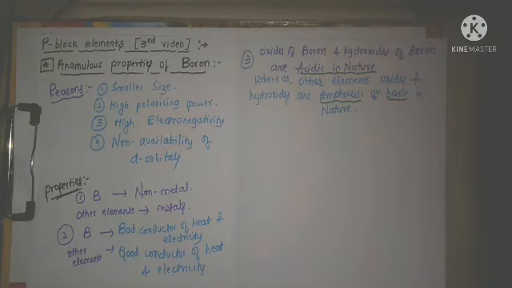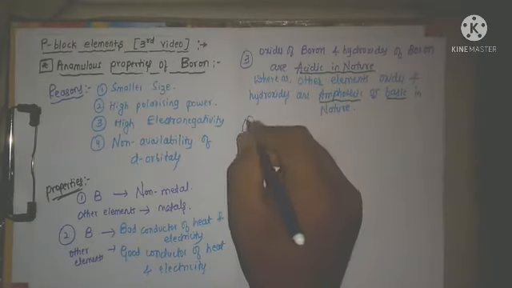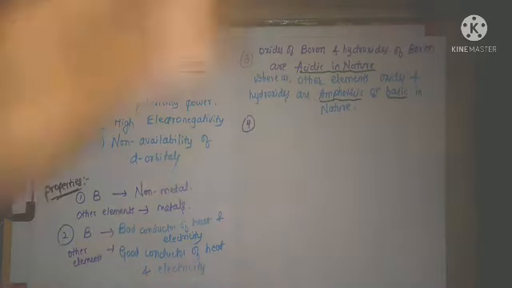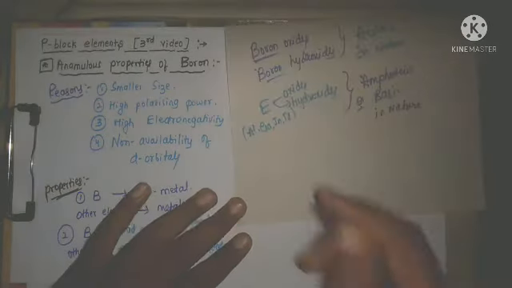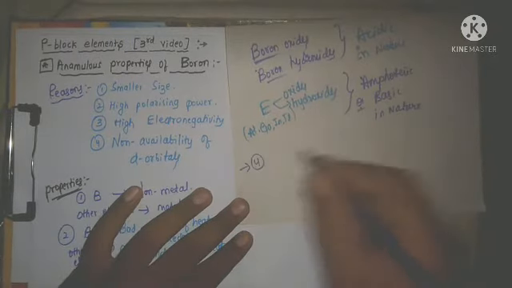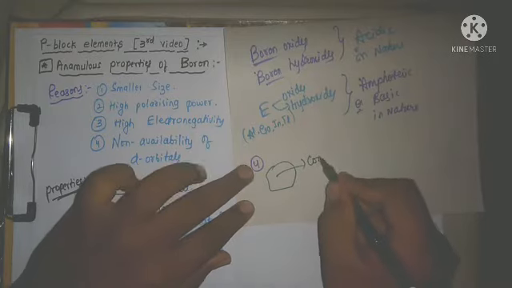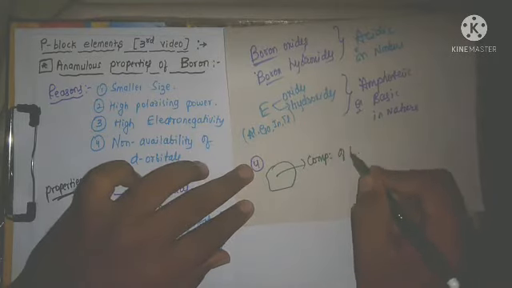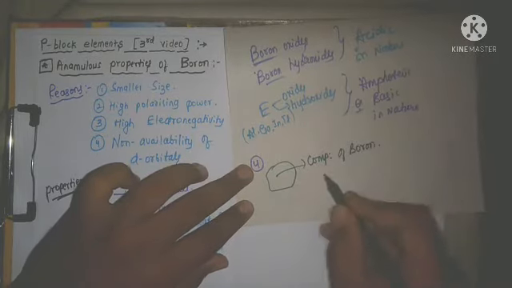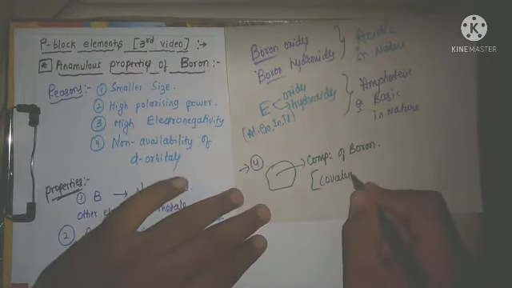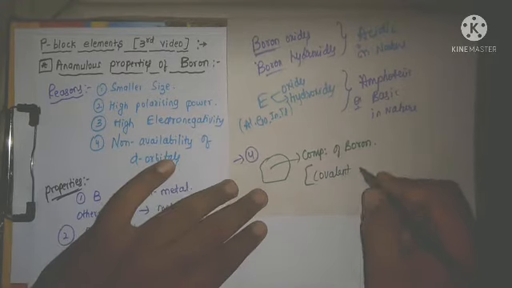Next we will go for the fourth one. For example, this is the rough paper I want to take. If you take the compounds of boron, for example, this one is a compound of boron, it forms only covalent compounds, means the compound is formed only by covalent bonds.